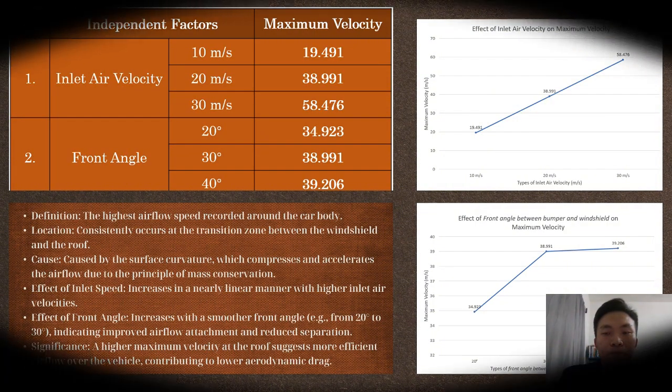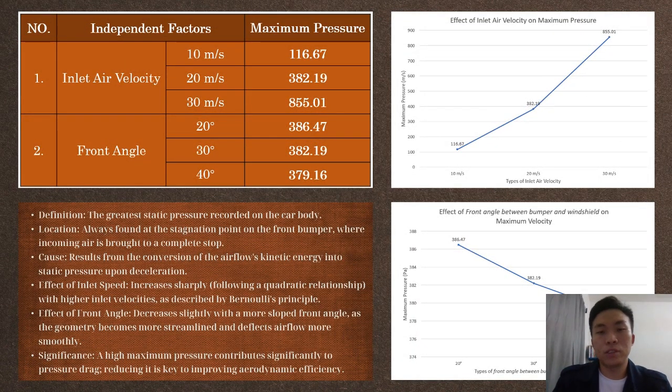Regarding the maximum pressure, the result was strongly influenced by the inlet air velocity, displaying a quadratic relationship. At the 30 degrees front angle, the stagnation pressure at the front bumper rose sharply from 116.67 Pascal at 10 meters per second to 382.19 Pascal at 20 meters per second, and further to 855.01 Pascal at 30 meters per second.